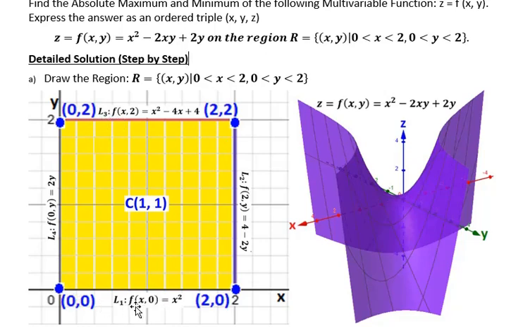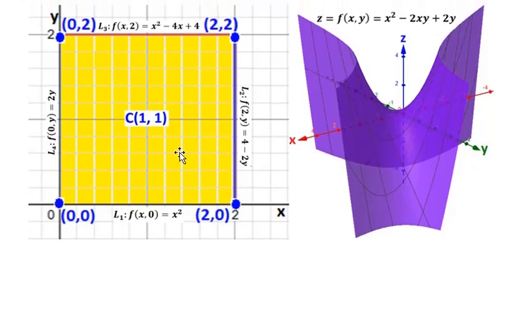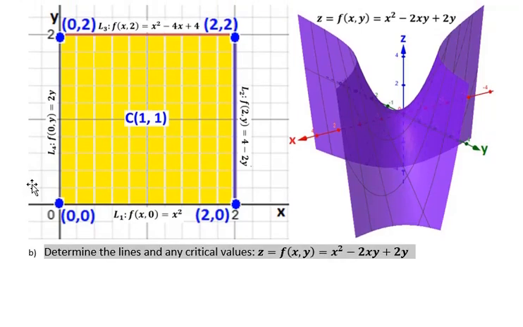It is important to find the boundaries and their critical values, because the maximum and minimum lie either at the corner points, the critical values of the boundary, or the critical values of the function itself. So the next step is to determine the lines and any critical values of z equals x squared minus 2xy plus 2y.